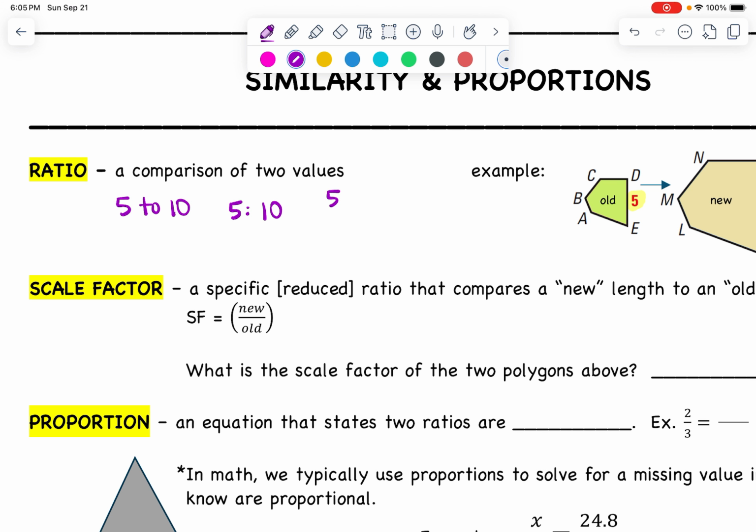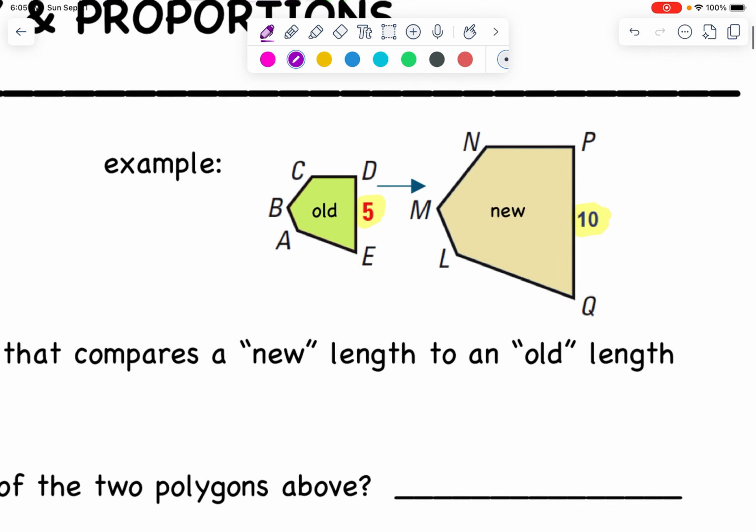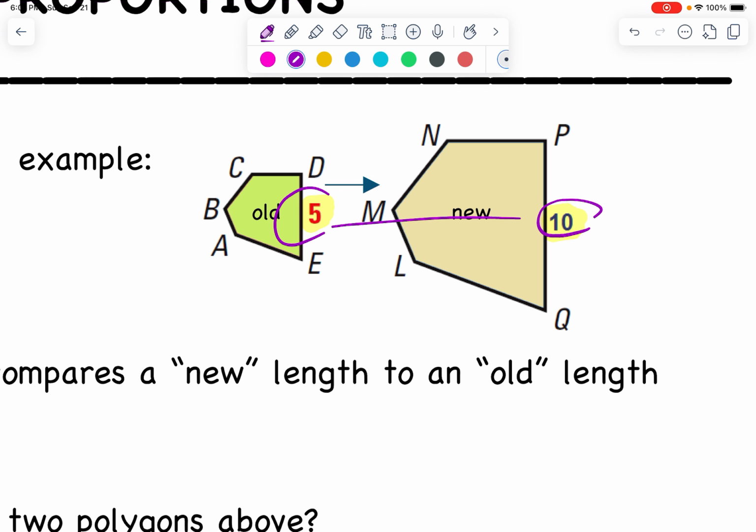So we typically write our ratios as fractions. Any of these are technically viable ways to write a ratio, but fractions are kind of our go-to. Now, when I'm comparing two numbers, I can either say 5 to 10 or 10 to 5, unless it's indicated exactly which way they want me to compare it, like what this arrow is doing, then either way is fine.